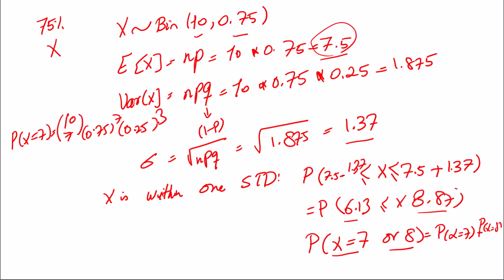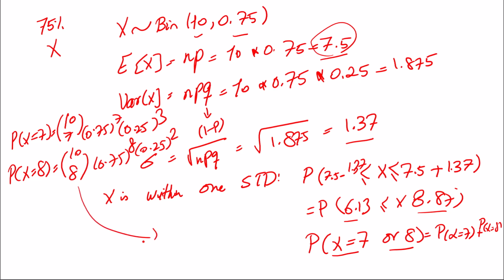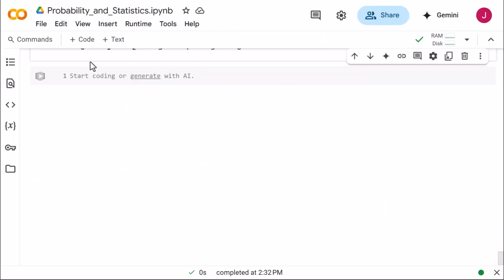The same for x equal to 8: combination of 10 and 8, 0.75 to the power of 8 and 0.25 to the power of 2. If you do this calculation, finally you will come up with 0.532. Let's do the Python coding for the same example.